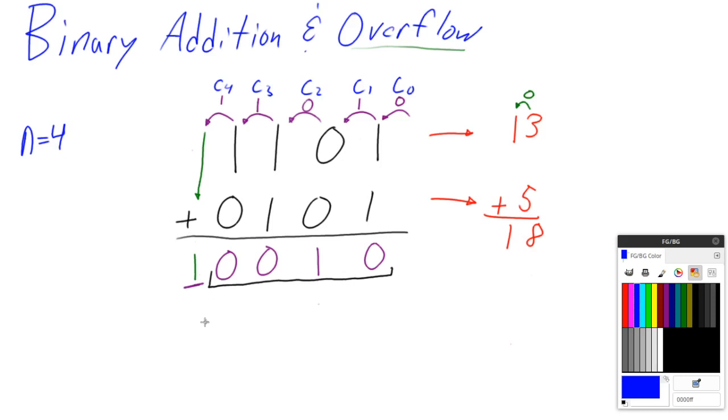So our rule for detecting if there's an overflow is if Cn equals, well, first let's say the case of 0. If it equals a 0, that would mean that everything was inside the 4 bits. And if it was inside just the 4 bits, that would mean that there is no overflow.